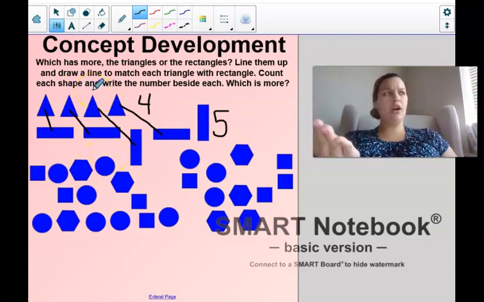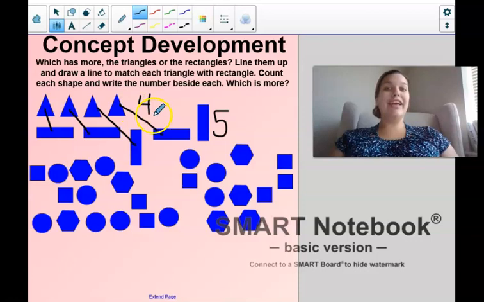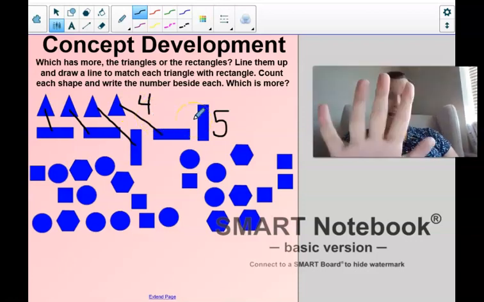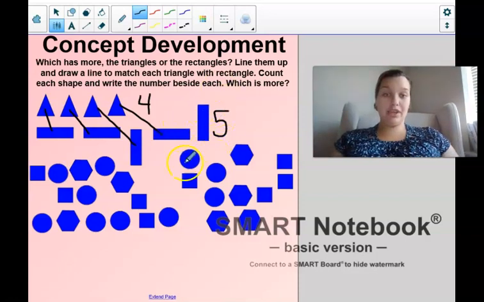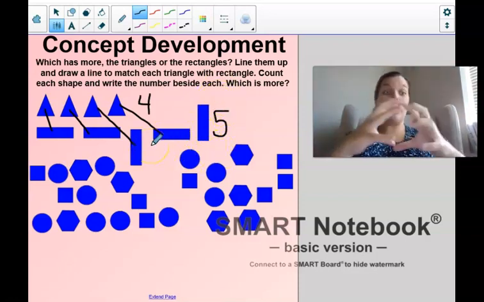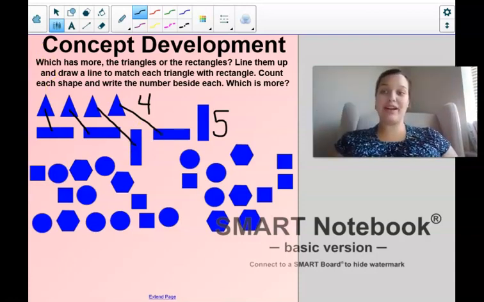So is 4 more than 5, or is 5 more than 4? Very good. 5 is more than 4. Look at, you take your group that's bigger or has more. That number goes first when we're talking about more. So 5 is more than 4.